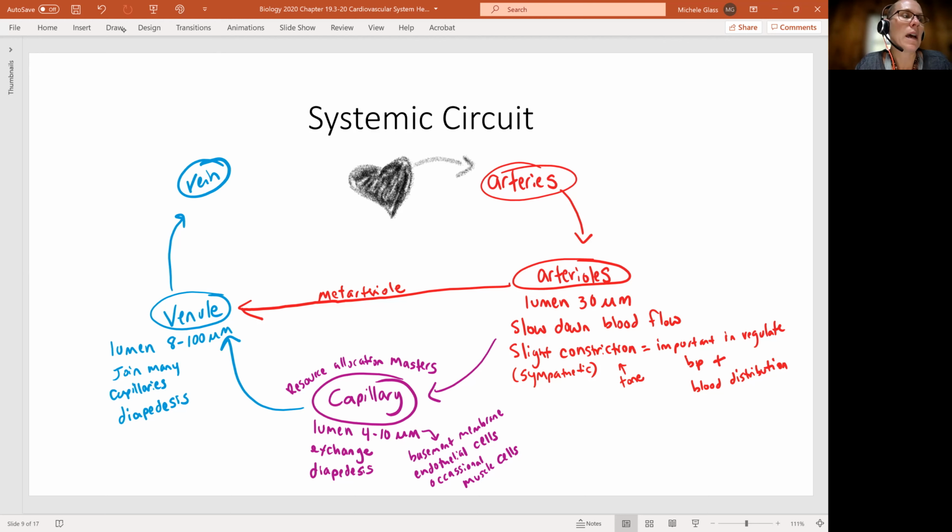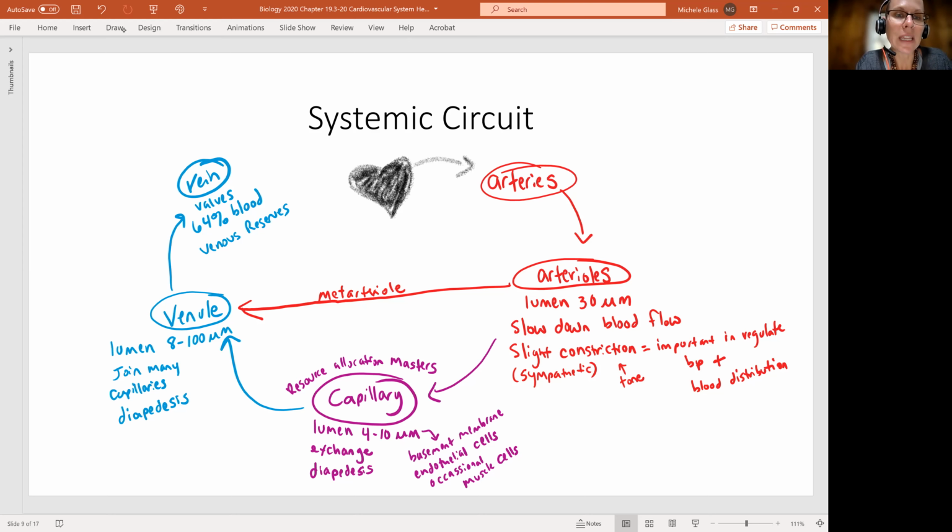We talked about the vein as having valves, so that's going to be an important feature. We talked about it as holding 64% of the blood in the body, and we talked about it having those special venous reserves, which we mentioned already as being located in the liver, the bone marrow, and the integumentary system.